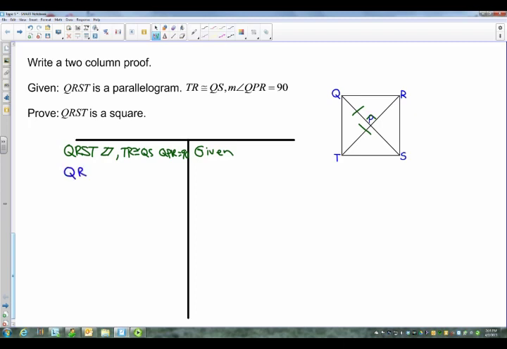Because the diagonals create a 90-degree angle, QRST is a rectangle. Okay, and the reason is diagonals are 90 degrees. Okay, we knew that.